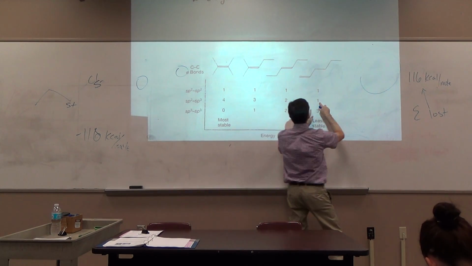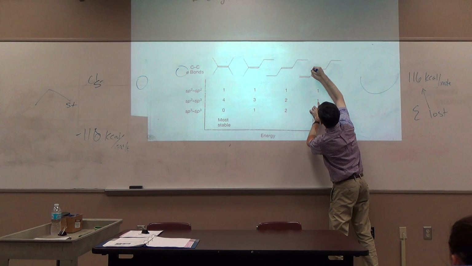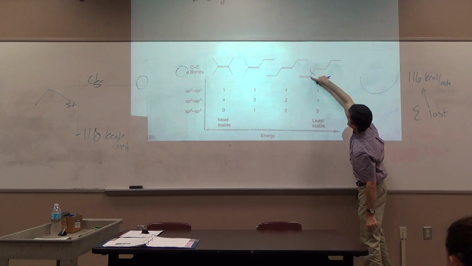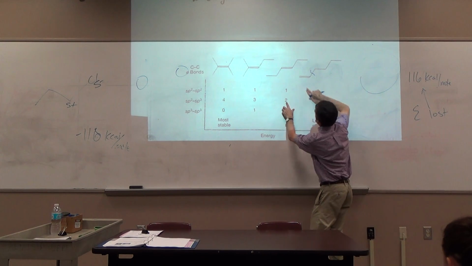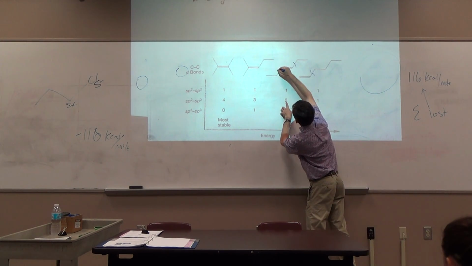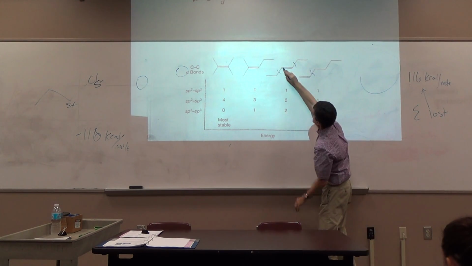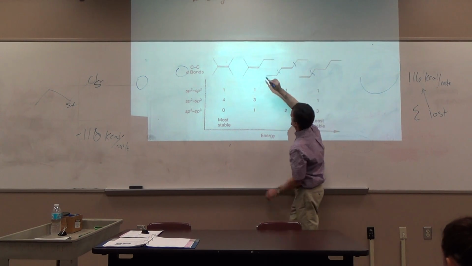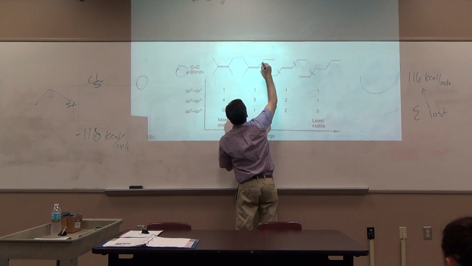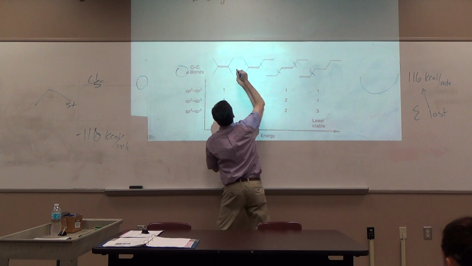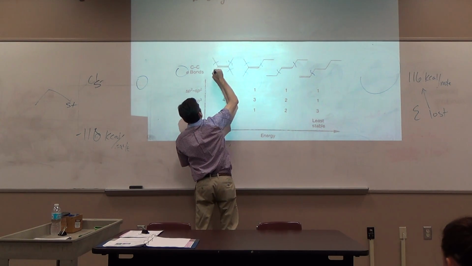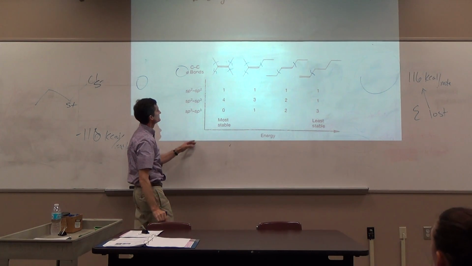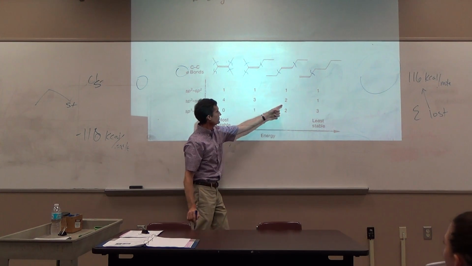This one only has 1, right here. There's only one of those types. This one has 2 of those, here and here. This one has 3 of those types, and that one has 4 of those types. Okay? 4, 3, 2, 1.